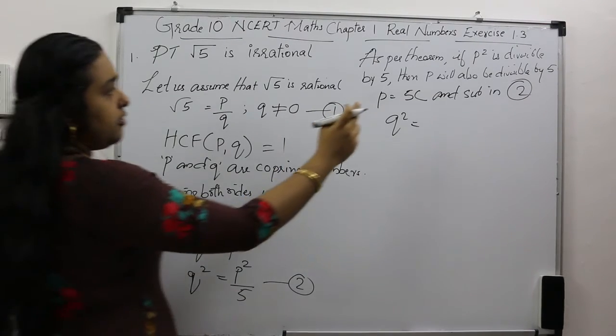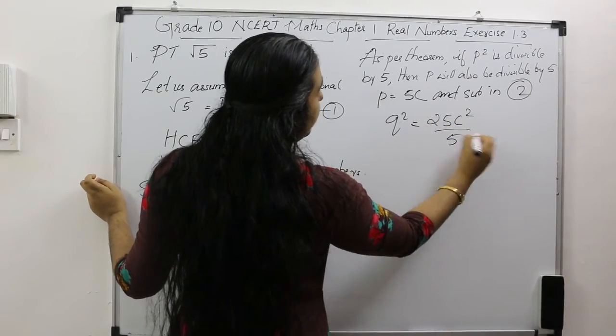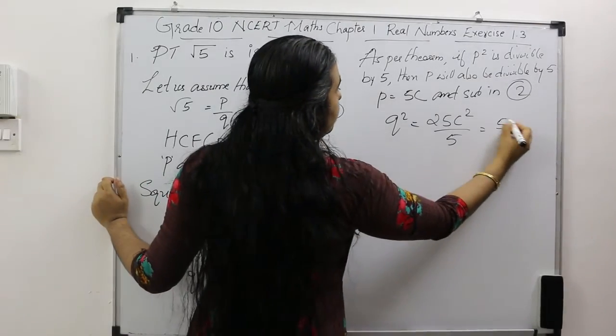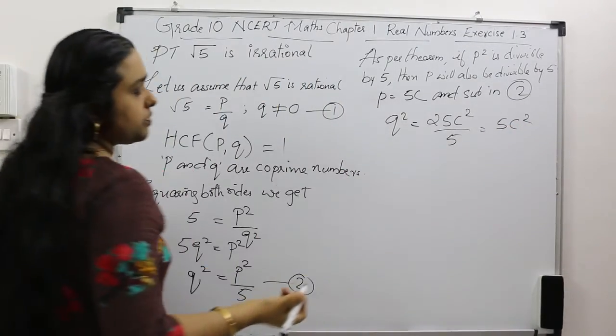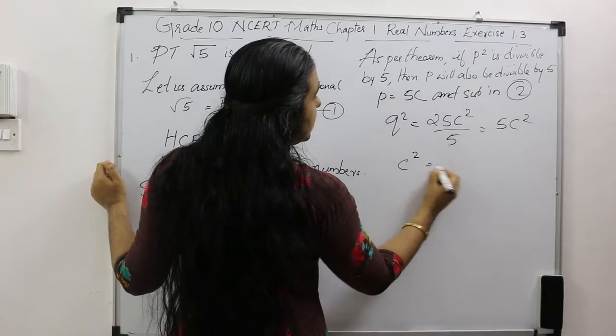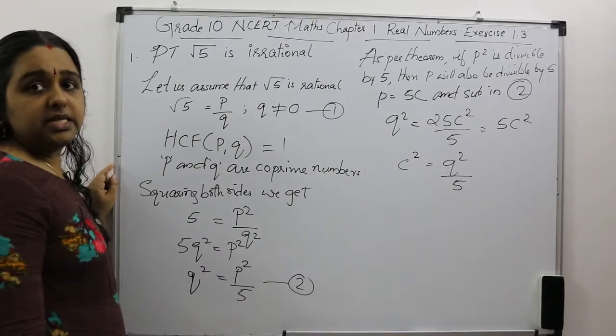Our p is 5c now, then 25c square by 5, that is 5c square. Then c square is q square by 5.